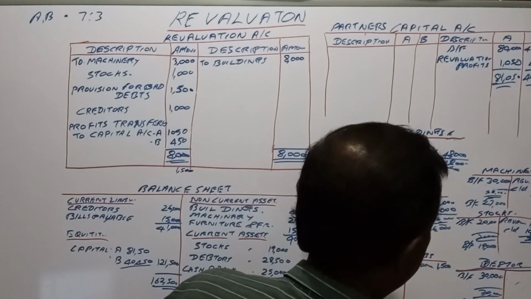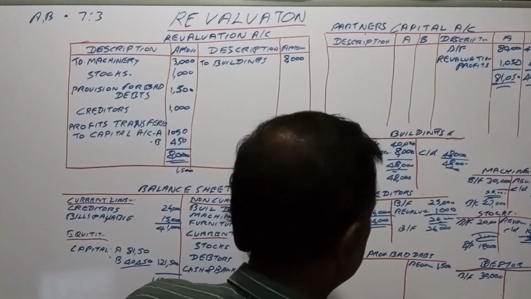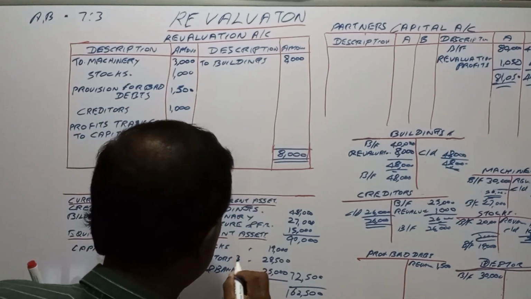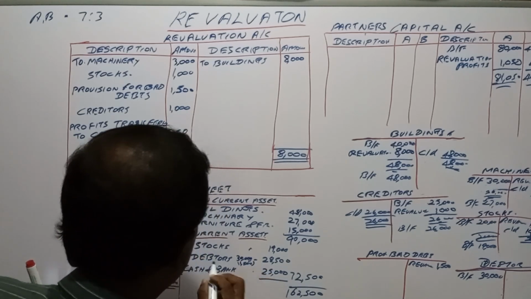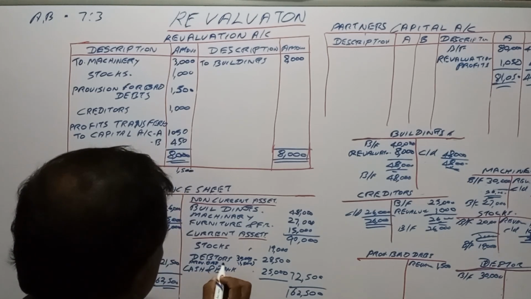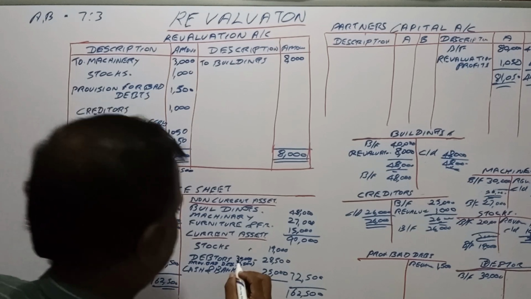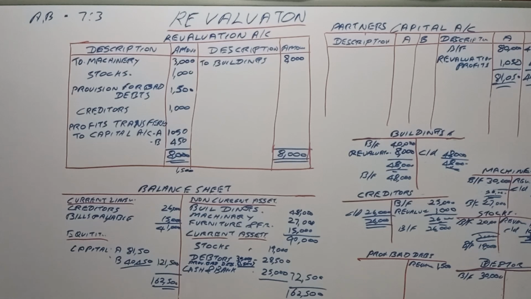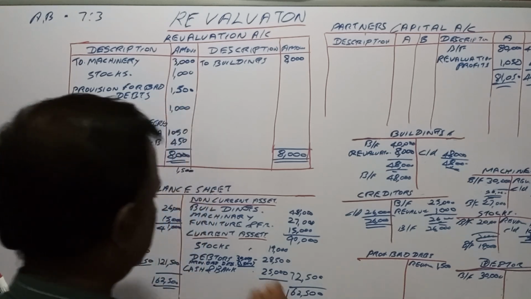This will be the same. So under the debtors we have to show 30,000 minus 1,500 as provision for bad debts, so 28,500. The carried value is provision, credit. This is debit.